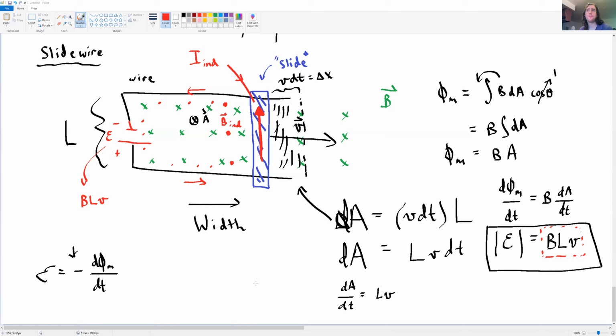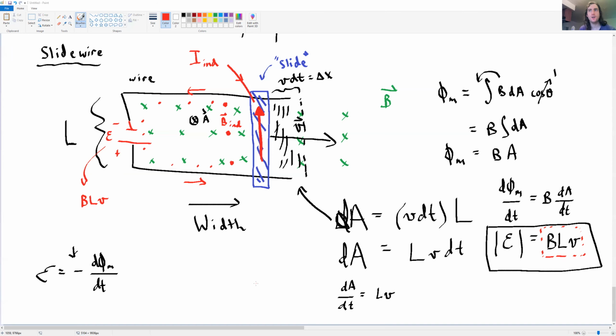All right, so if we have this induced EMF here, this induced current, this induced magnetic field, now what? What kind of questions can we answer with something like this? Well, we could think about this kind of system in reverse, and that would be called a railgun. I could apply an EMF, and that EMF would generate a current which flows in this circuit here.